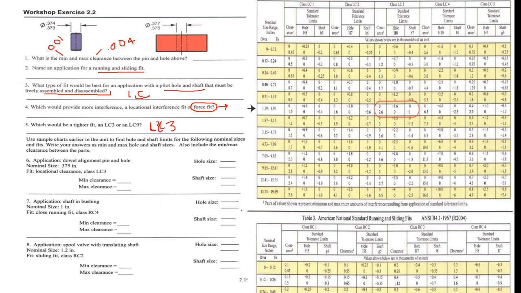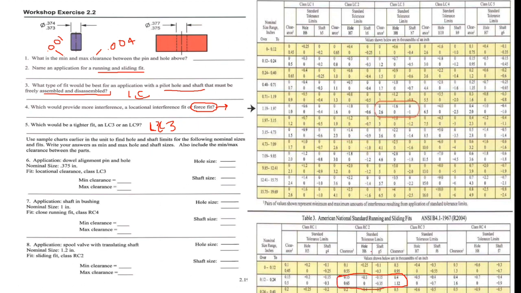Like here, in number 7 for RC4, RC class 4 running and sliding fits, for the range of 0.12224, we have this data.